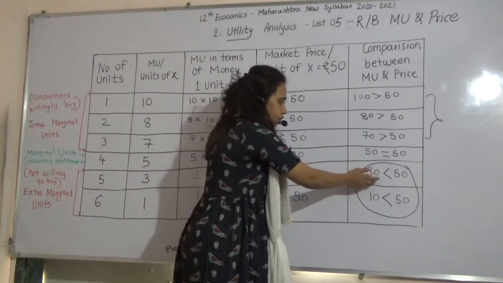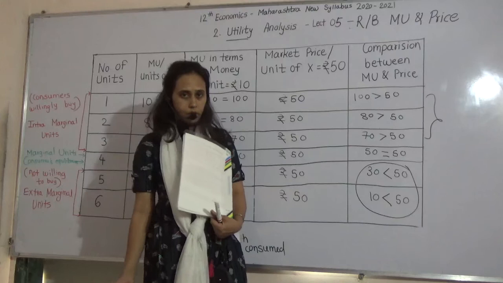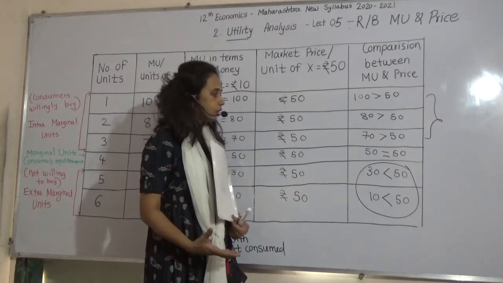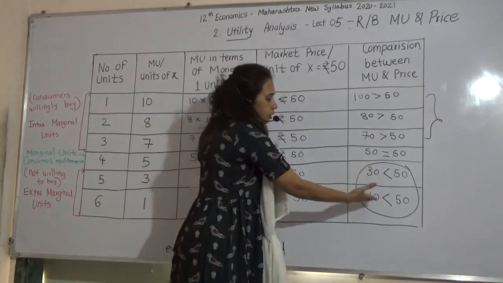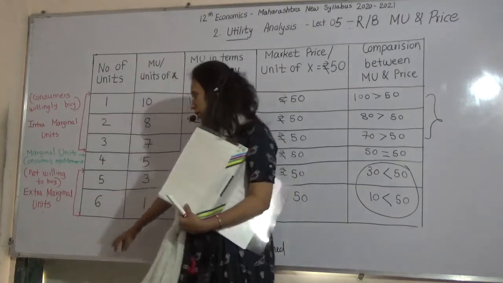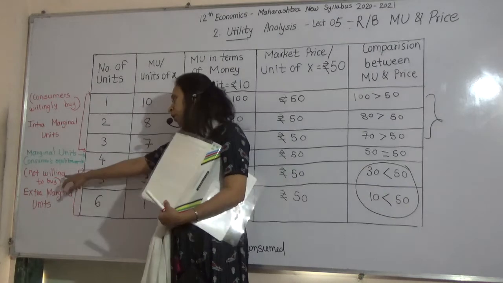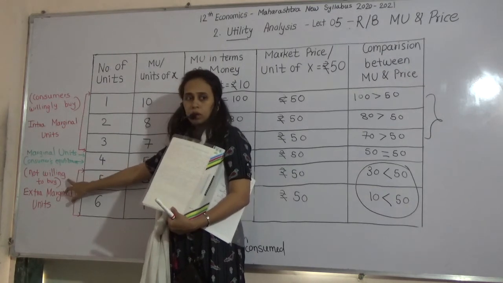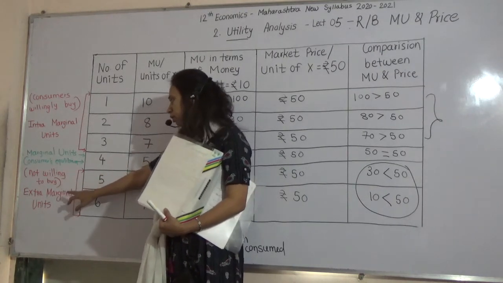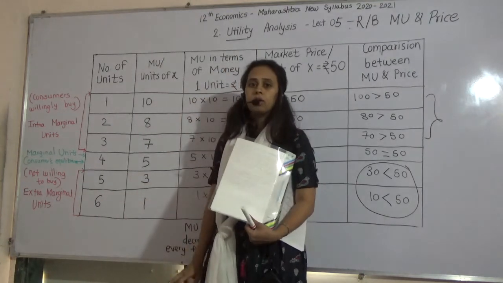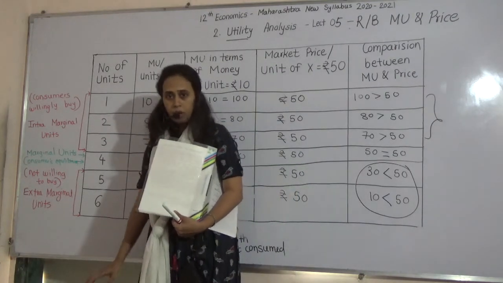Additional utility, marginal utility means additional utility. That additional utility is quite costly. You can compare it. That concept is called extra marginal unit. So consumer does not willingly buy those products.